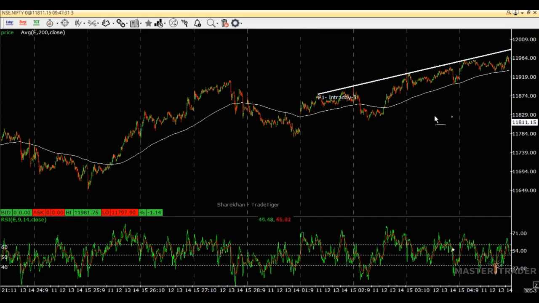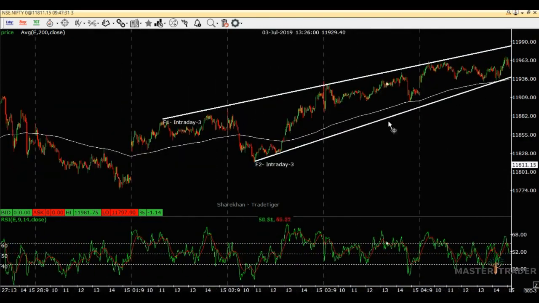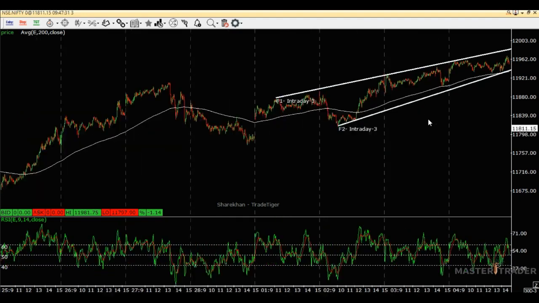And can we see that a sort of a rising channel is forming, or a rising wedge? And now the data is telling us that near 12,000 levels we have strong resistance.